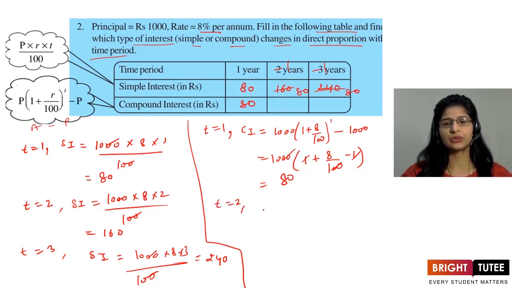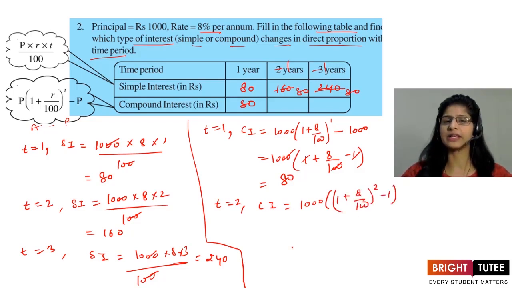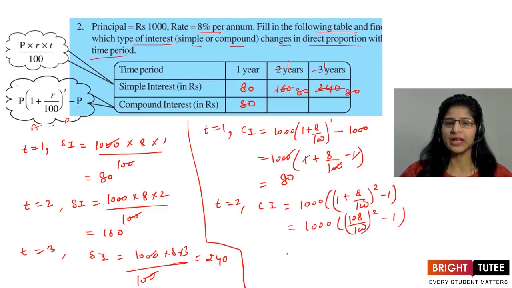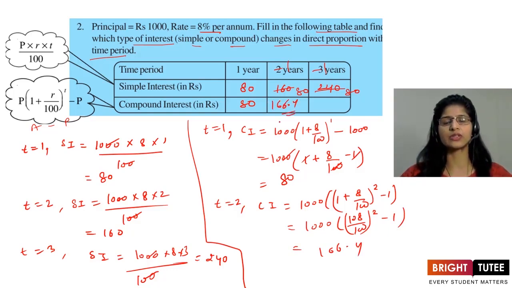For t equals 2, we get compound interest as 1000 into 1 plus 8 upon 100 whole square minus 1, when we take 1000 common. When you solve it, you'll get 108 upon 100 whole square minus 1. Solving it gives us 166.4, approximately.